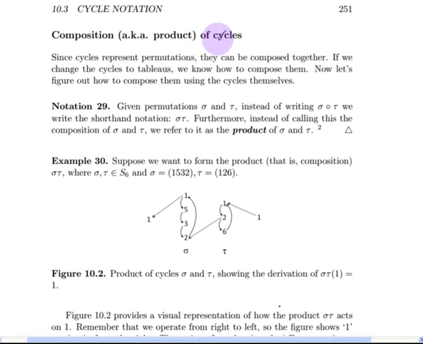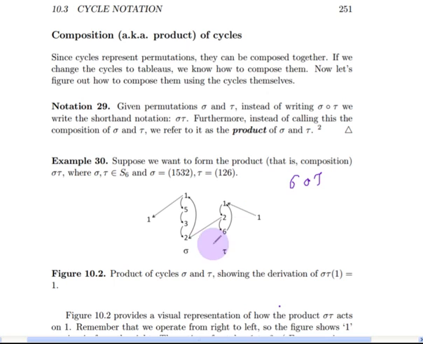So let's consider how to compose cycles. Suppose I want to compose the two cycles sigma and tau. This is tau, this is sigma. For instance, I want to know, what does sigma compose tau do to the element 1?